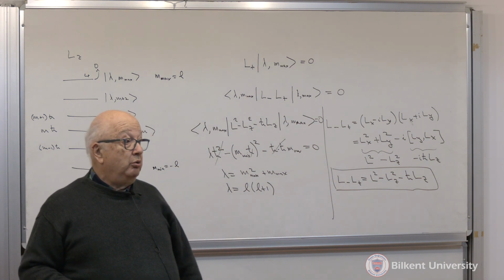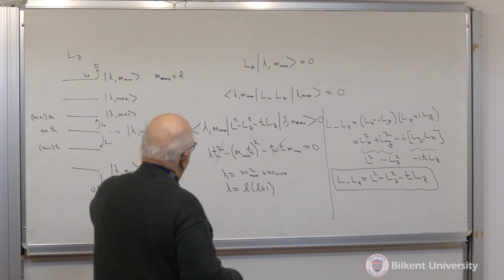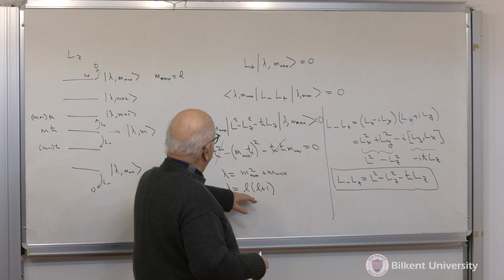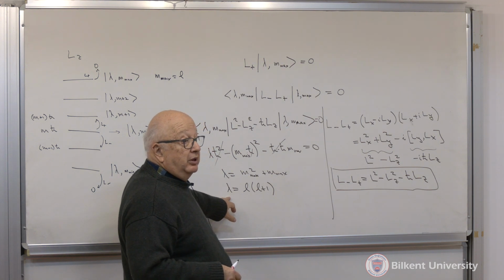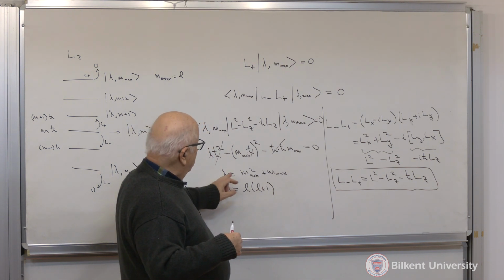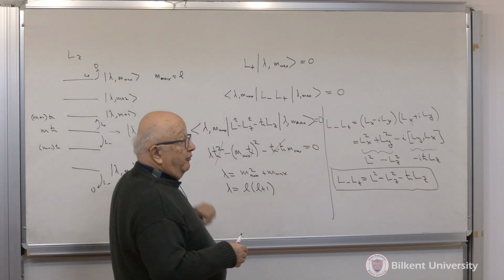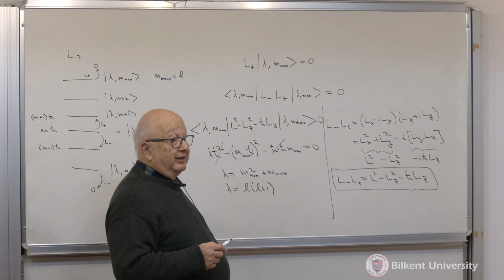Okay, so this now enables me to determine, for a certain value of L, what the total angular momentum is. Or conversely, if I know the total angular momentum, I can find out what the maximum value of the z component of L can be.